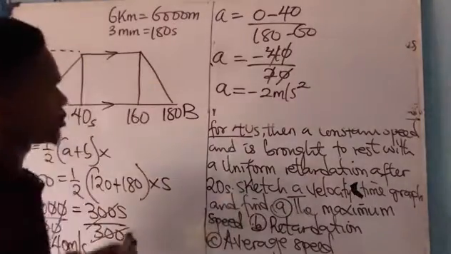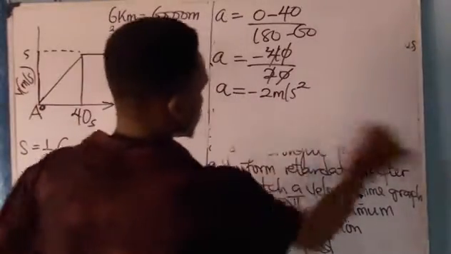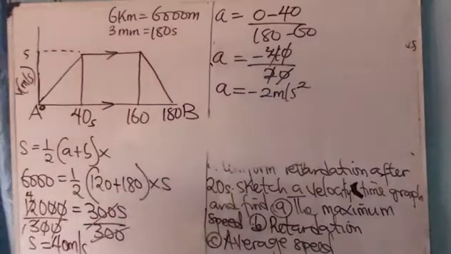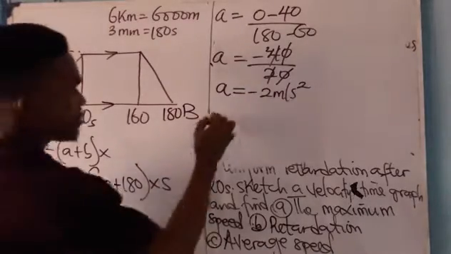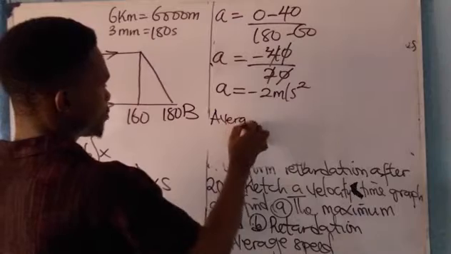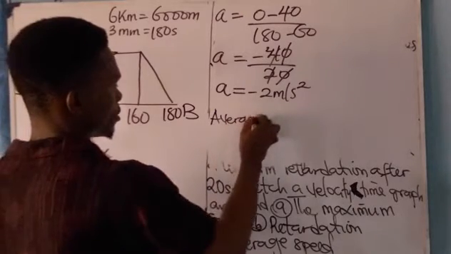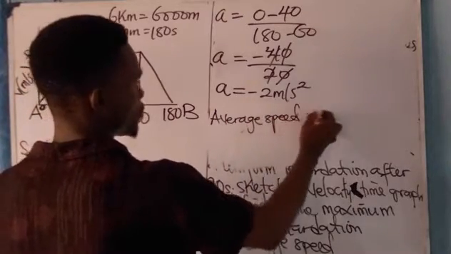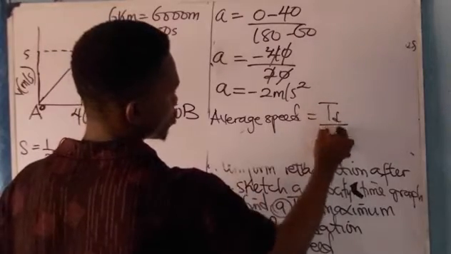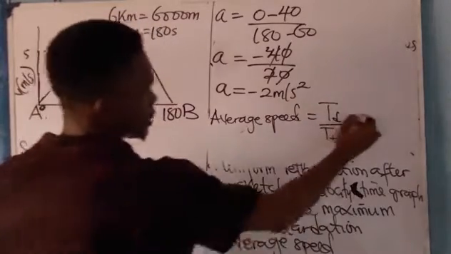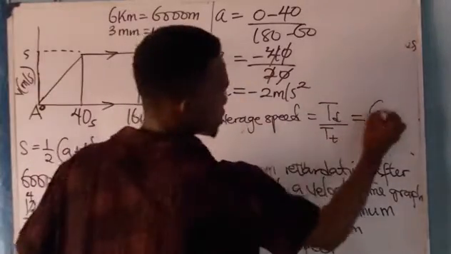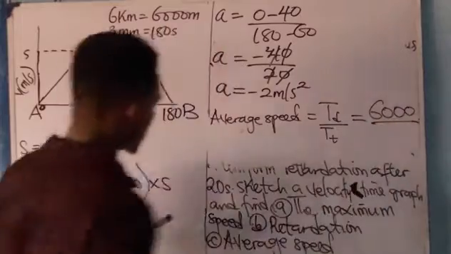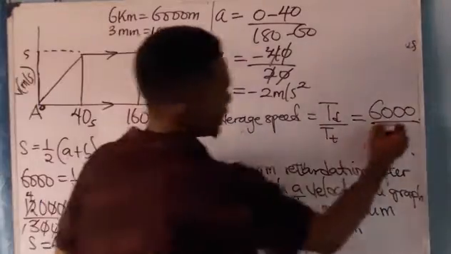That is the value of the retardation. Now, what is the next thing? The next thing is the average speed. The average speed is usually total distance over total time taken. The distance given to us was 6,000, and the time taken is 180.